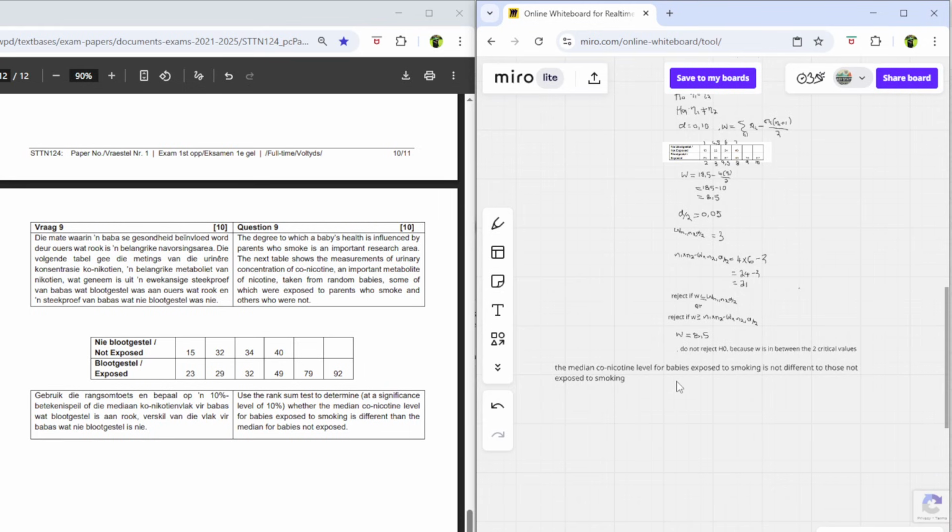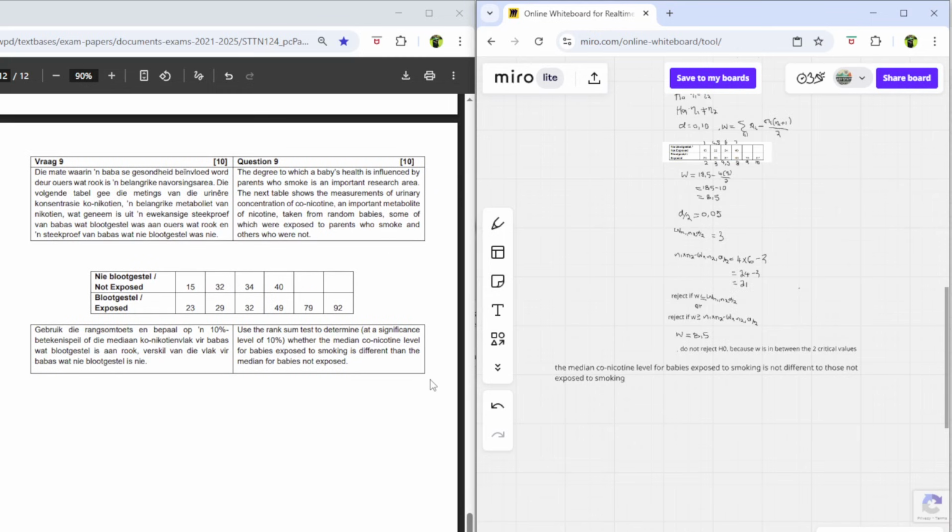And that is how you answer the hypothesis.